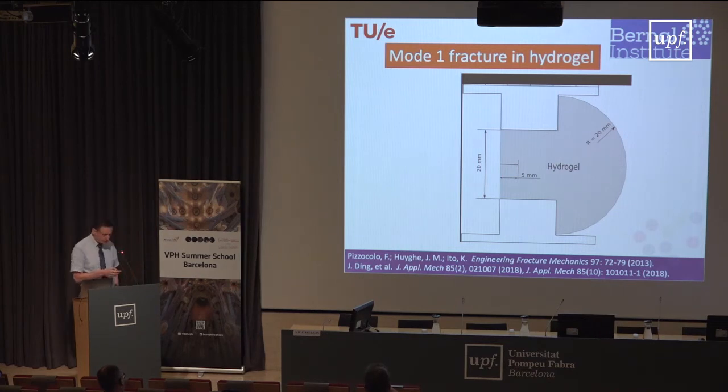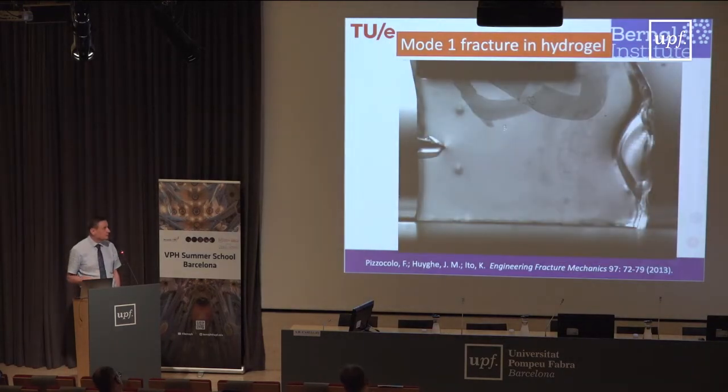The experiment relates to a gel, and the nice thing about gel is you can look inside it, which you almost never can do in a solid. We have a piece of gel with a small crack initiated in it, fixed on both sides to the grips of a drawing bench, and you move one side apart compared to the other and observe the cracking inside the hydrogel as it propagates.